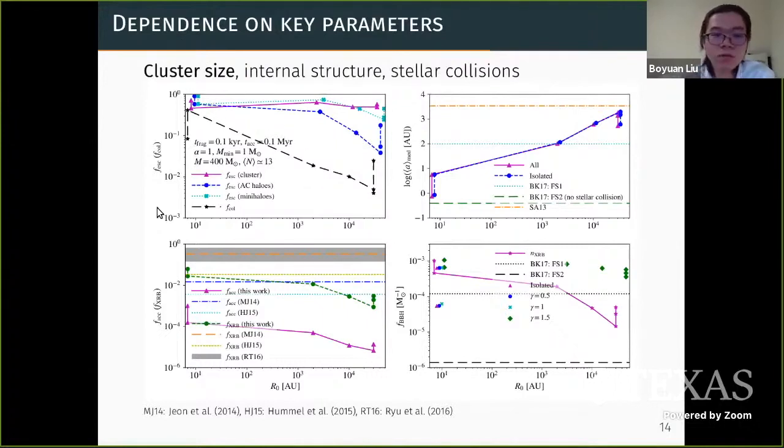So here I have a very busy plot, and it shows how many properties of binaries and clusters depend on the initial cluster size. In these models, I have fixed all the other parameters to the fiducial values, and I only change the initial cluster size. Let's just focus on one quantity on the top right here, and this is the median separation.